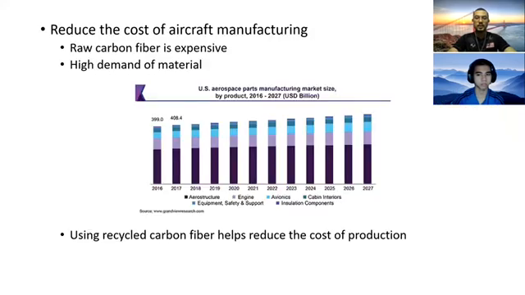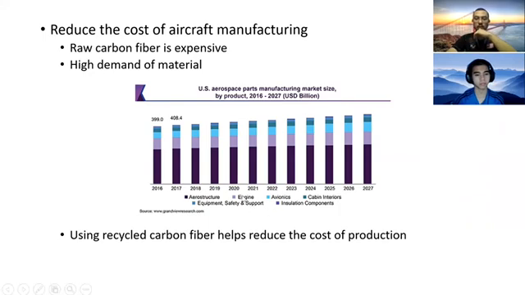The next part is that using carbon fiber can also reduce the cost of aircraft manufacturing. Because raw carbon fiber itself is very expensive, and the cost to make carbon fiber is very expensive, the demand for the material will increase.